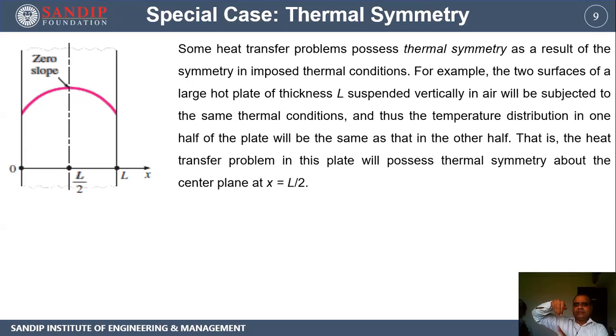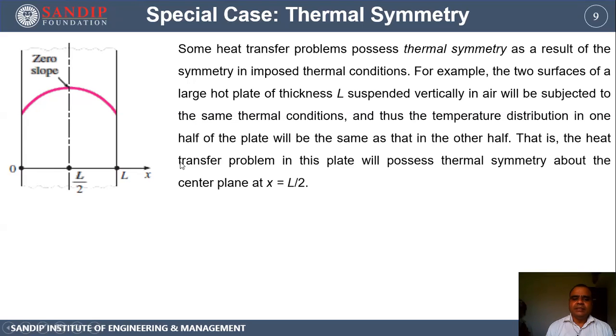So on both sides of the plate, the same temperature air is there. It means that both sides are subjected to similar thermal conditions, and that is what is called thermal symmetry. So if such thermal symmetry is there, the temperature distribution in half of the plate will be the same as the other half, and this is how it is shown.